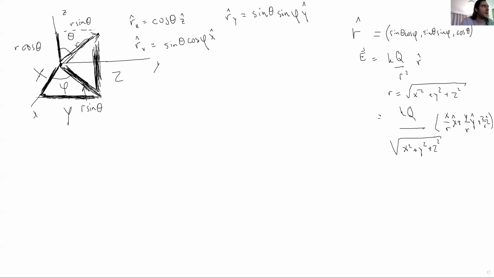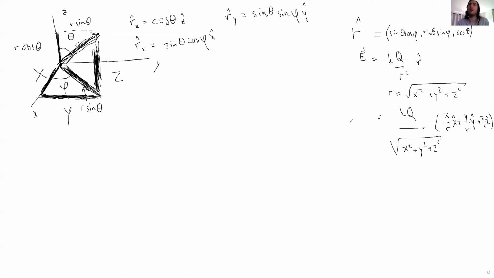And this component here is the z component, which is just z. And so if r is the square root of x squared plus y squared plus z squared, then we can write the unit vector r hat as its x component, which is x, divided by its magnitude, the square root of x squared plus y squared plus z squared.